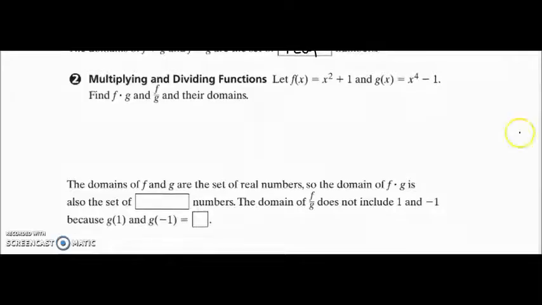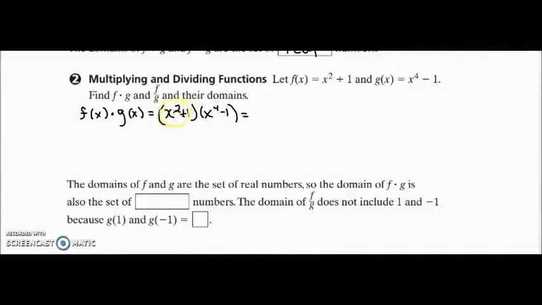All right, let's look at what multiplying looks like. So this time we want f times g of x. So this is just going to be f of x times g of x. Here's our f of x this time. It's x squared plus 1. And g of x is x to the 4th minus 1.